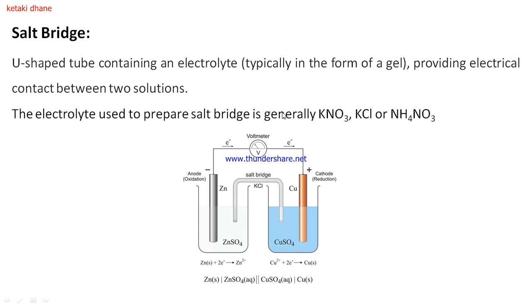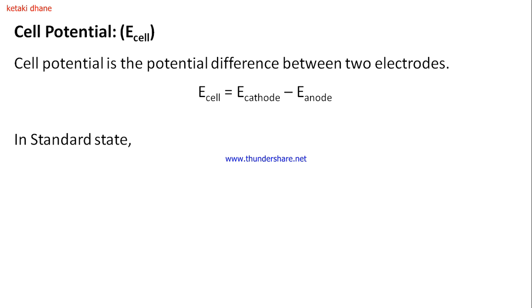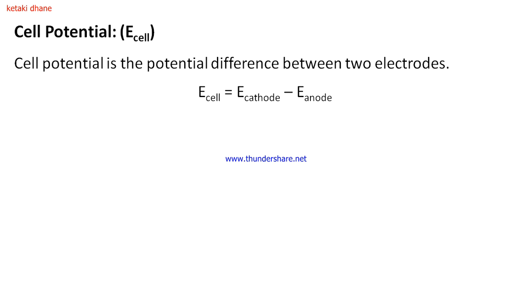The electrolytes used to prepare the salt bridge are generally potassium nitrate, potassium chloride and ammonium nitrate. This U-shaped tube is dipped in both the oxidizing solution as well as the reducing solution.